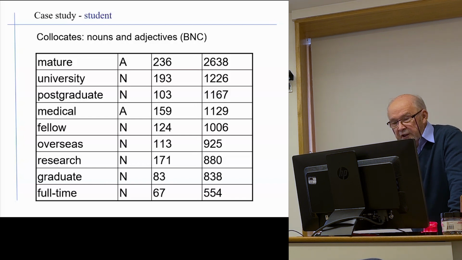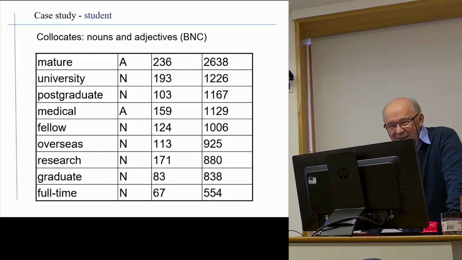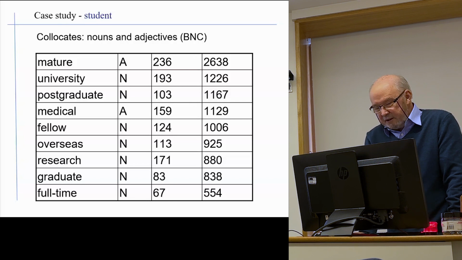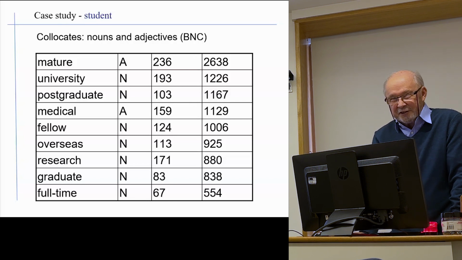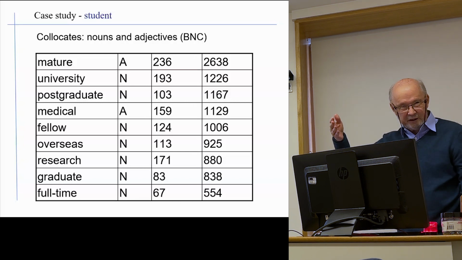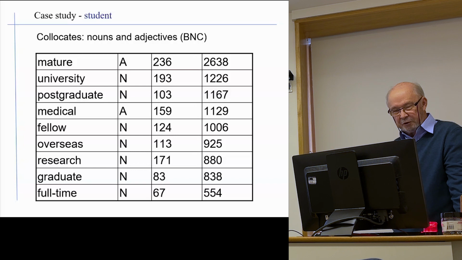So mature is the most common collocate, don't know why. University, postgraduate, fellow, overseas, research, graduate, full-time, all nouns. Medical, one adjective, which possibly represents the category that we are interested in, i.e. student of medicine.